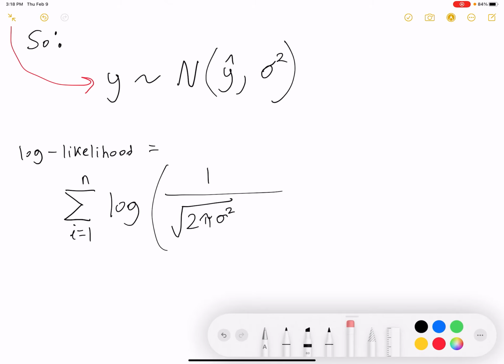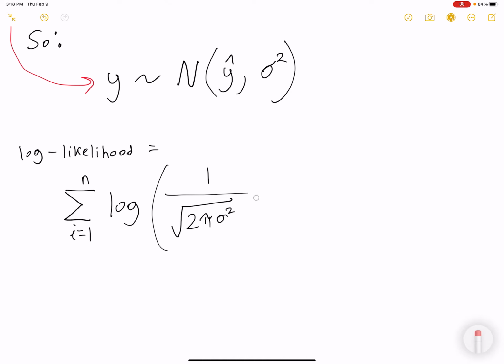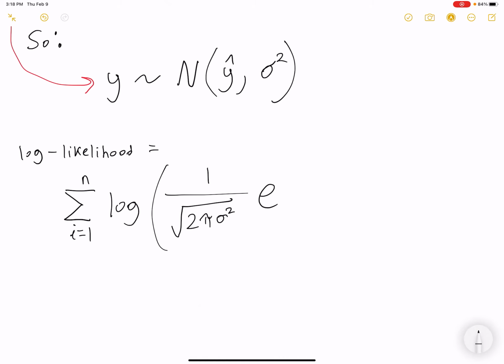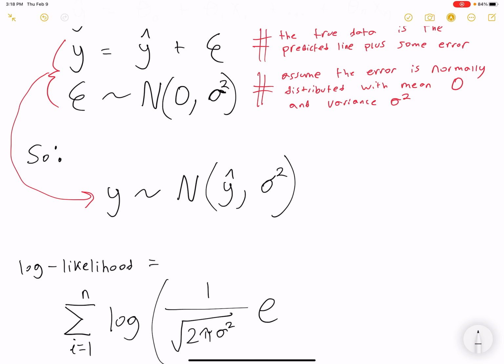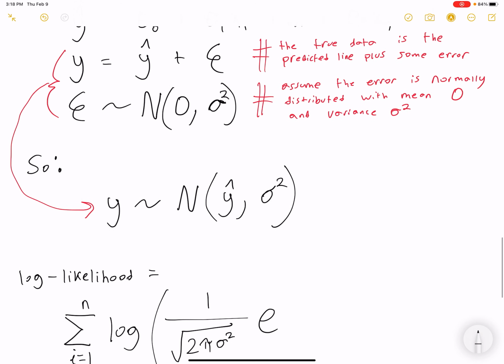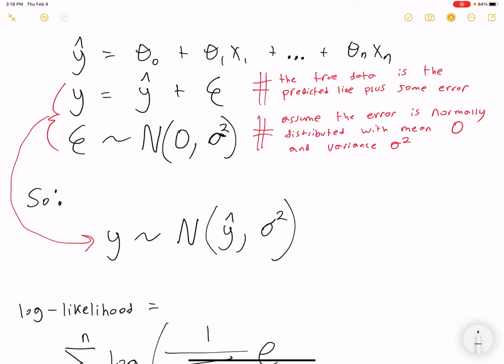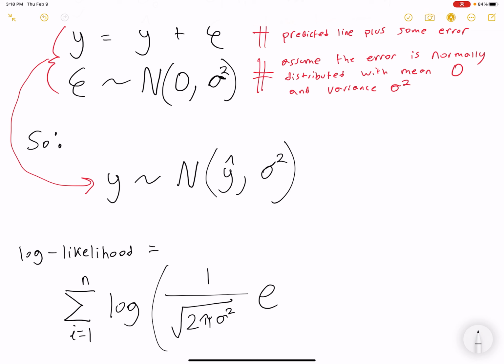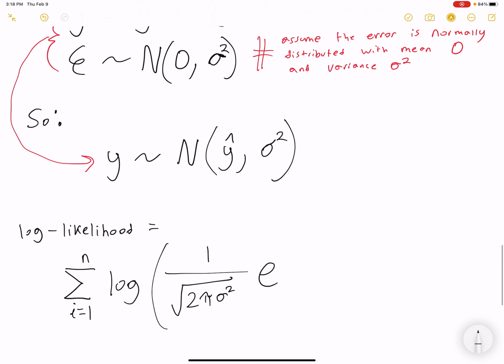Could you repeat the normal distribution from earlier? The normal distribution, is that just for the errors? So the error is normally distributed, and because that error is part of this y equals y hat plus error equation, therefore y is normally distributed with mean y hat and with the same distribution of error as the error function.